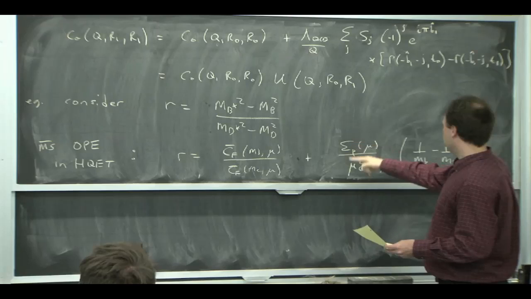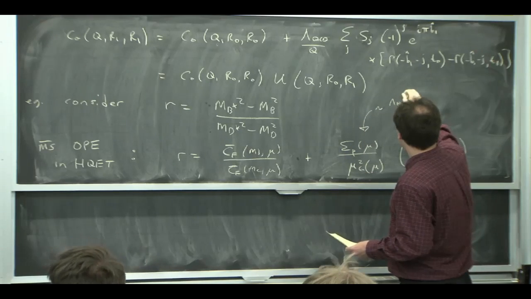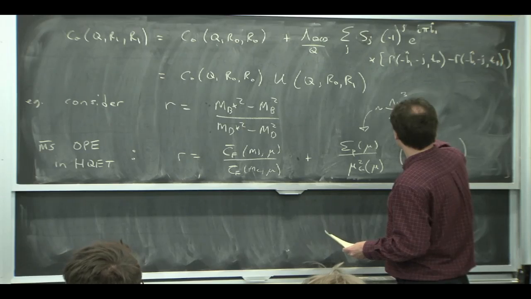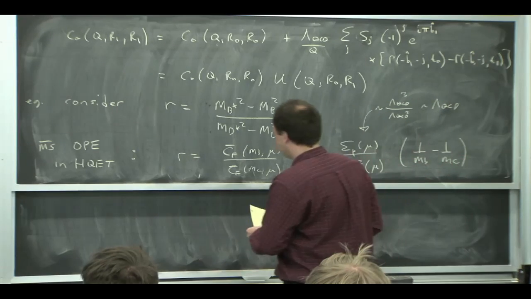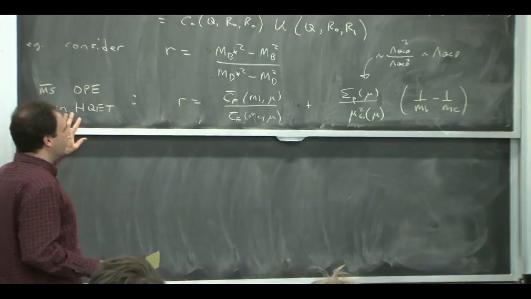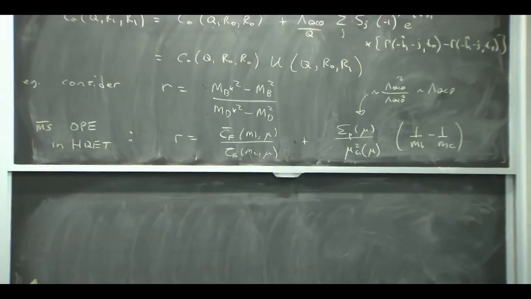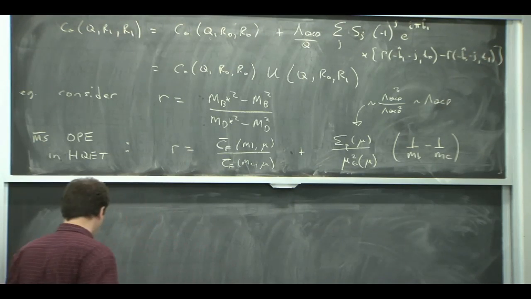This is a higher dimension operator. This guy scales like lambda QCD cubed over lambda QCD squared, which is just lambda QCD. So that's like the lambda QCD over Q term. And this is the formula you would write down if you wanted to make a prediction for this thing at higher precision in MS bar.